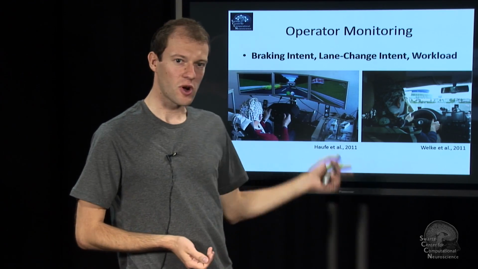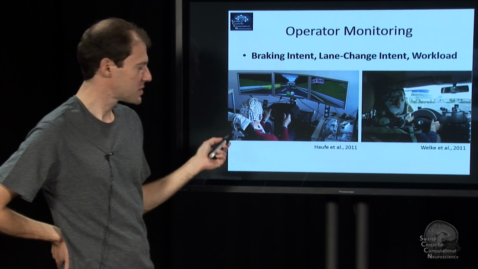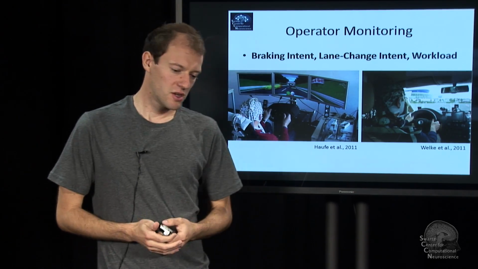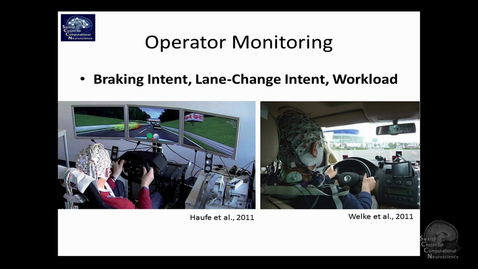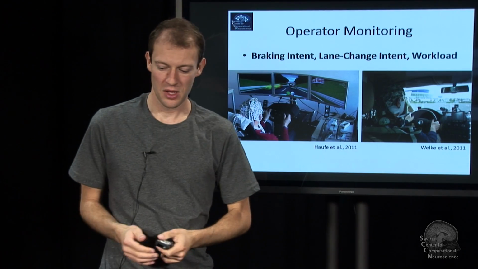And here are a few driver scenarios. So here's one study where people studied the braking intent. So a person's going to hit the brake. The brain generates a discernible signal quite some time before your foot moves. And so if you can detect this reliably, you can save a couple meters on the road.